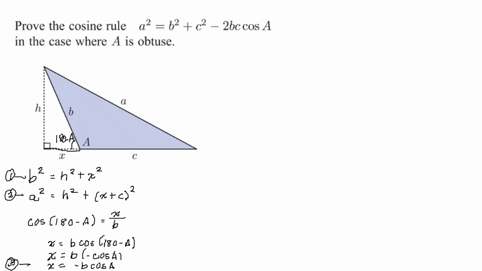We have here a squared equals h squared plus, what is x plus c squared? That's x squared plus 2xc plus c squared.